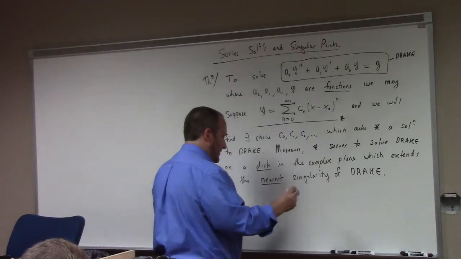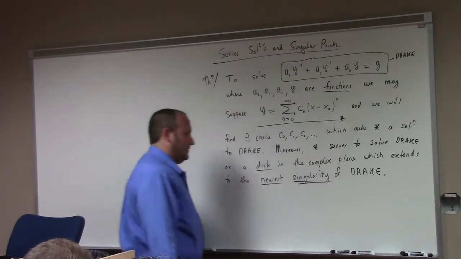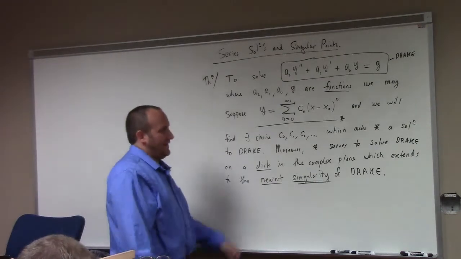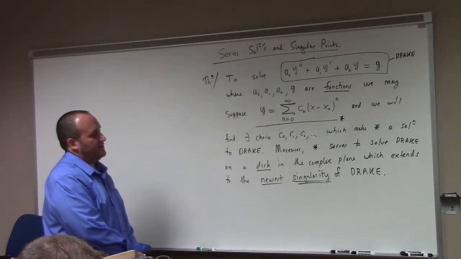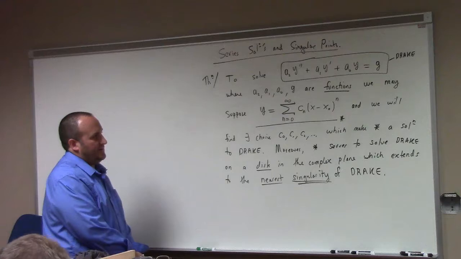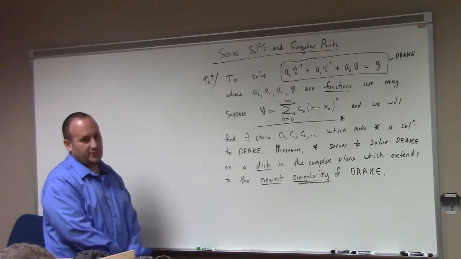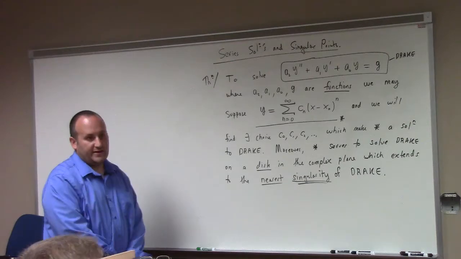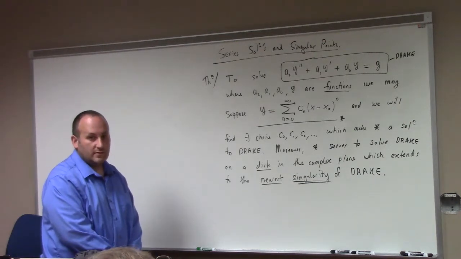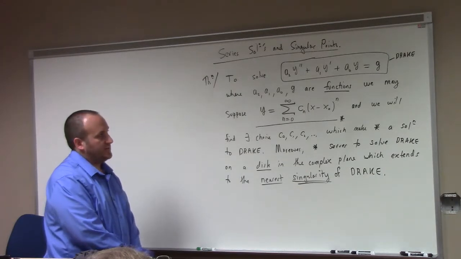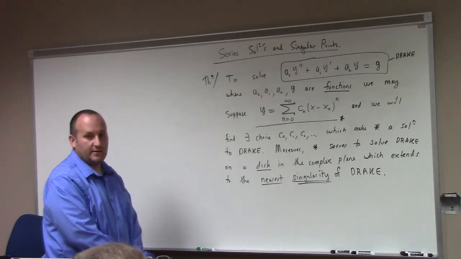Now, to give some more detail, what do we mean by a singularity? There's different ways. To capture what I mean by a singularity of the differential equation, perhaps it's best for me to divide by A2. If A2 was 0, that's a singularity.